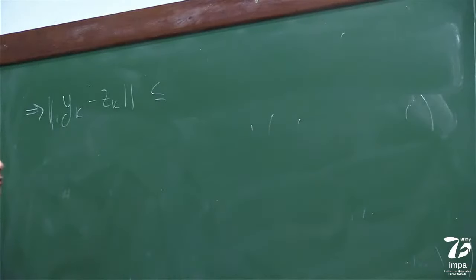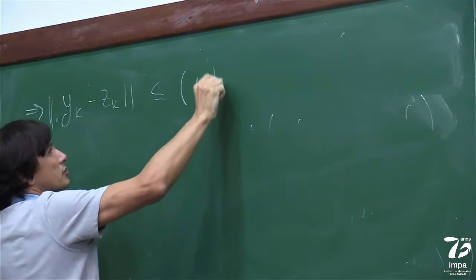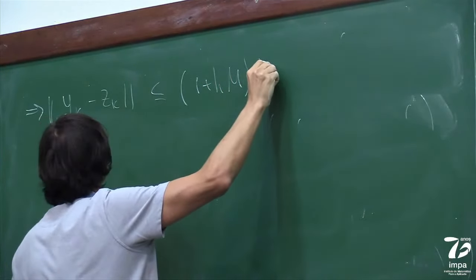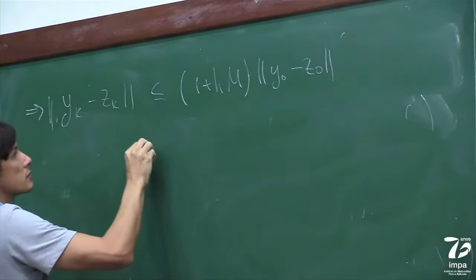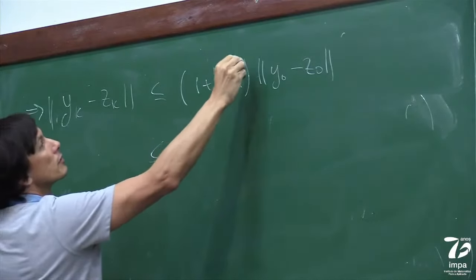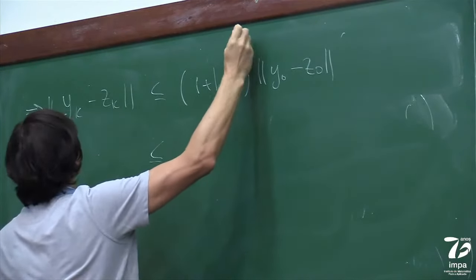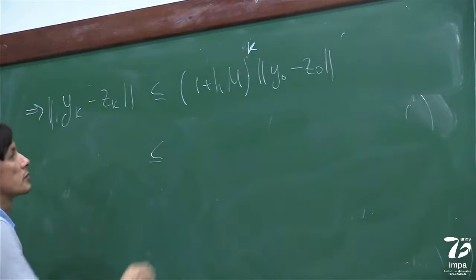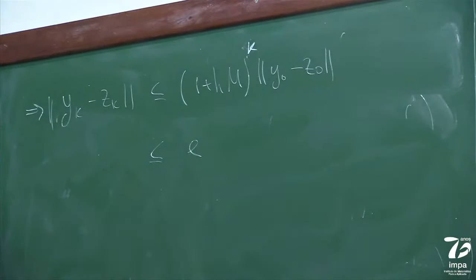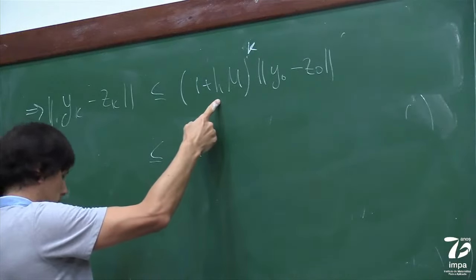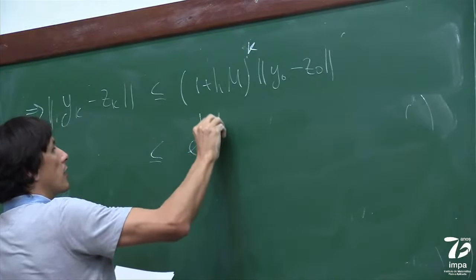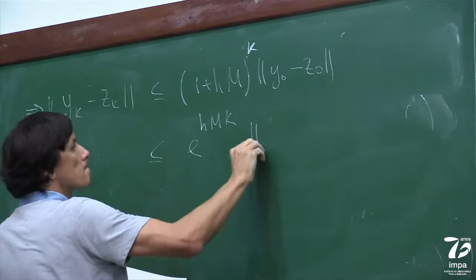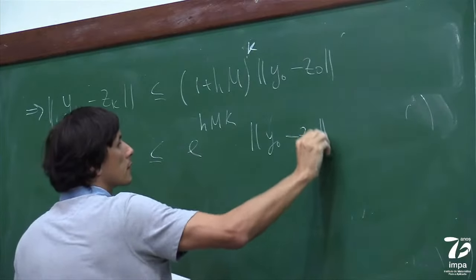should be less or equal than (1 plus hM) to the power k times the norm at 0. And this should be approximated as exponent, so this is e^{hMk}.